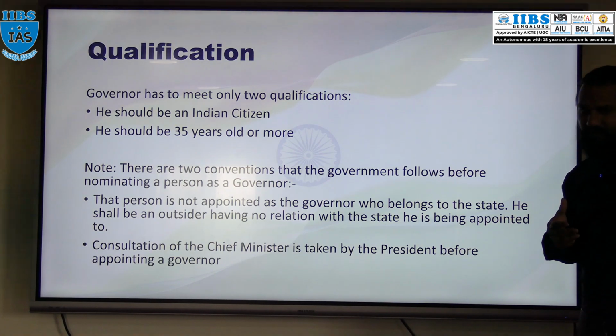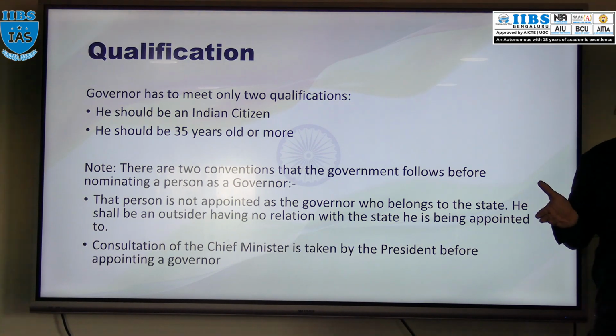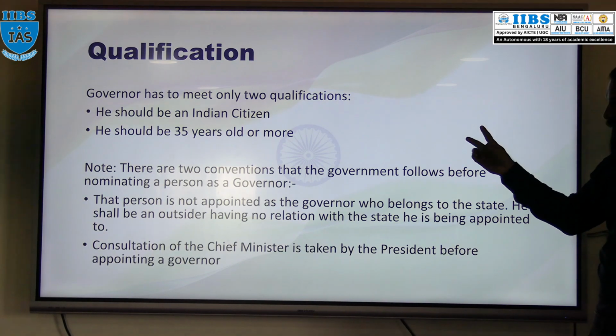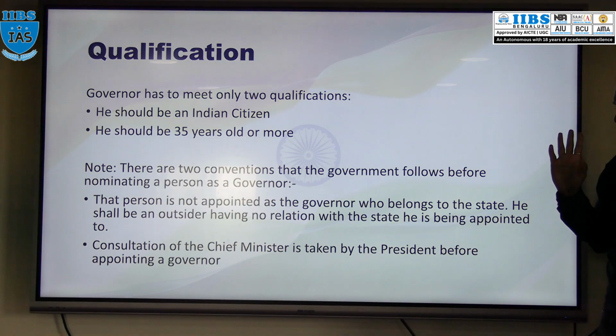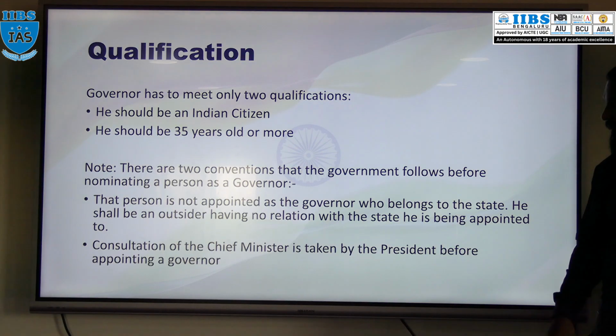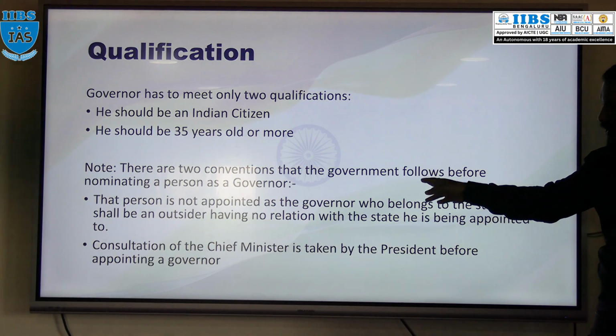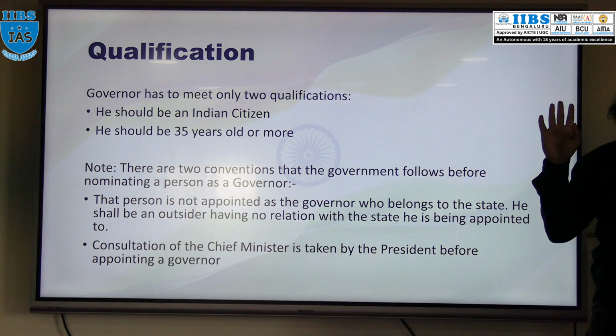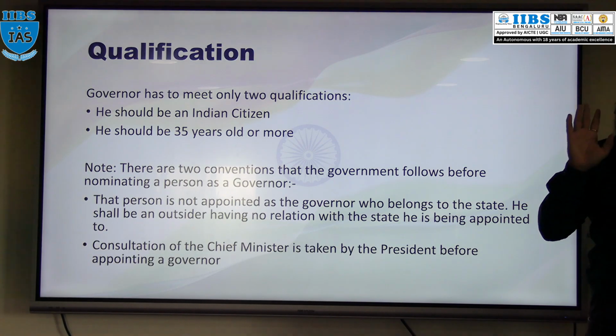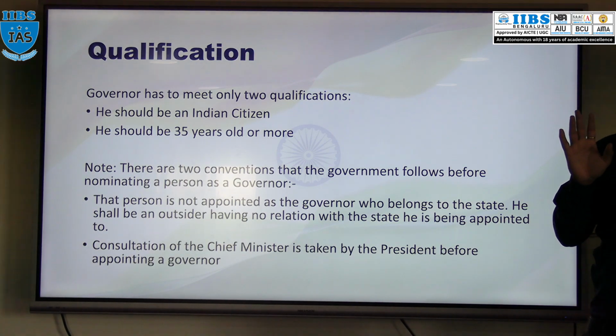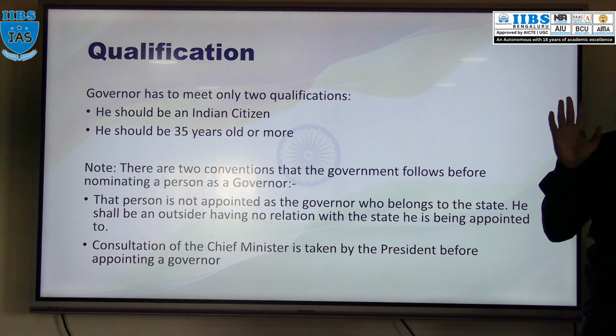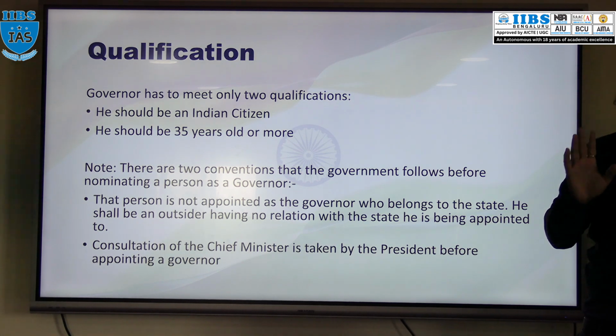2 conventions have developed while nominating the governor by the President. What are those 2 conventions? A person who belongs to a particular state cannot be appointed as a governor of that particular state.